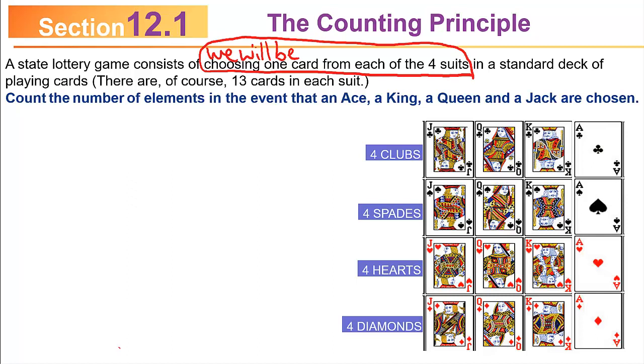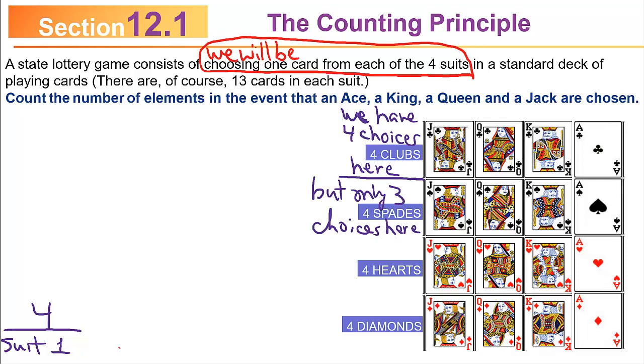There are 4 clubs up there, a jack, a queen, a king, and an ace. So we have 4 possible choices for clubs. So this is a 4-stage experiment. And the first stage is choosing suit 1, which in this case, the way I've written it, is a club. It really doesn't matter which suit you use first. But I'm going to pick a card out of that.